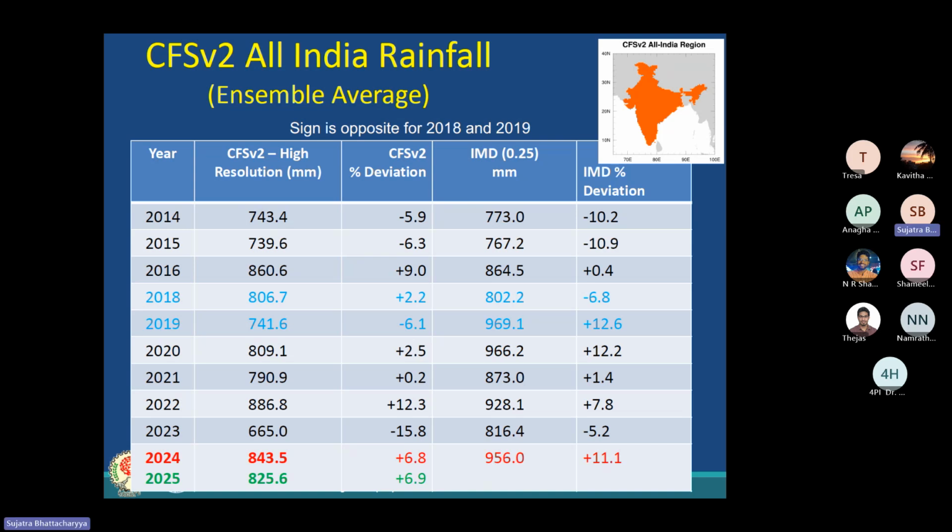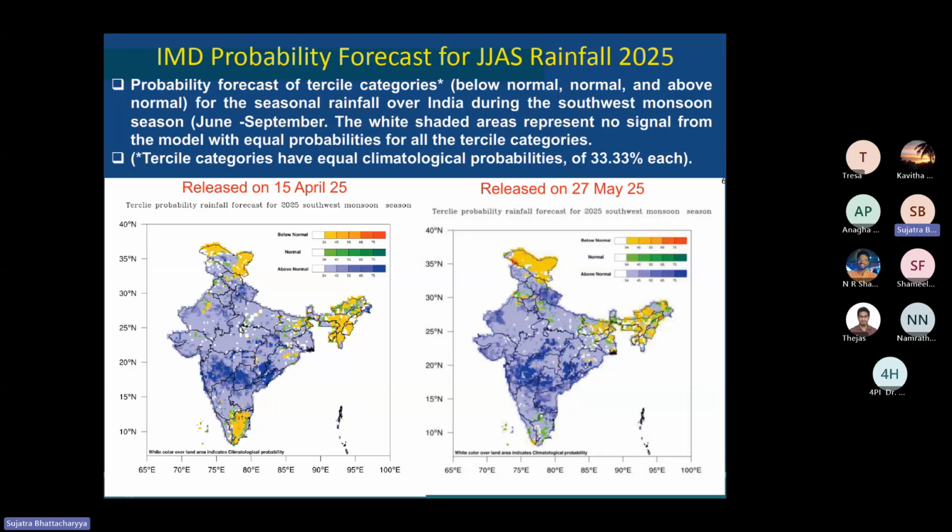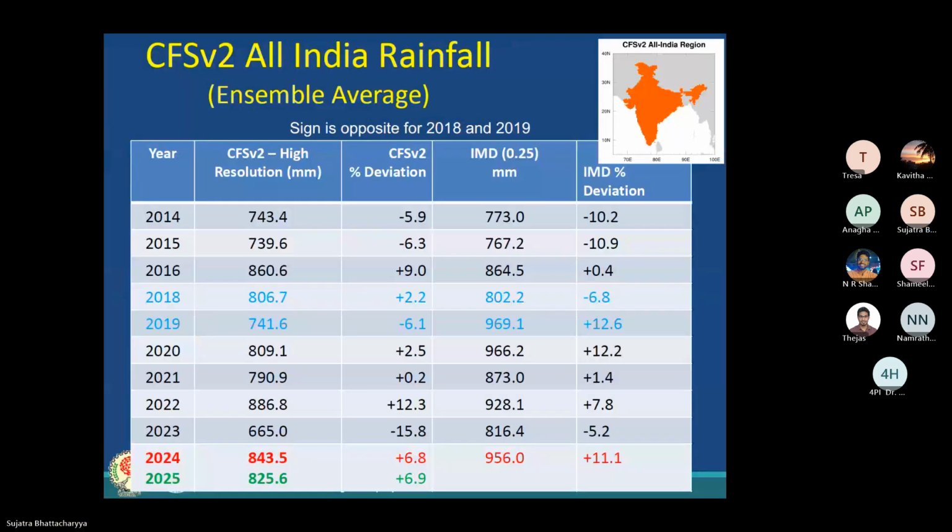So your mean rainfall is very low, right? That's why you're getting plus 6.8, although your number is 8.3. You're getting plus 6.8 because your mean value is very low. Okay, you wanted to see the climatological value. Yes, it's quite low.